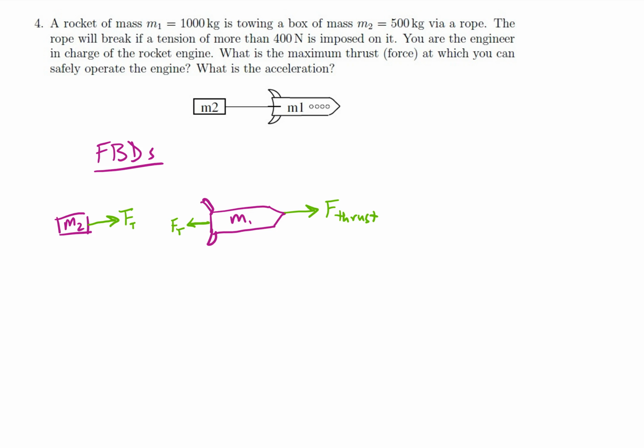If the box is being pulled on by the rocket with force F_T, then the rocket has to be pulled back by the box with force F_T. Equal and opposite forces. Both of these objects are presumably accelerating, and since they're connected, they have to be accelerating with the same acceleration, which we'll call a.